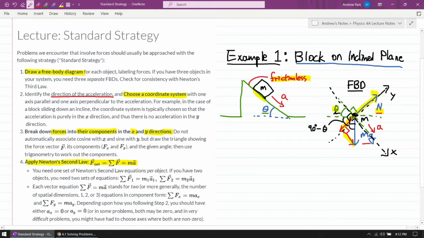So this angle here must be 90 degrees minus (90 degrees minus theta). So the 90 degrees cancel out, and I end up with theta. So this angle must be theta. Let me clean up this diagram a little bit and label that angle as theta. Okay, so this angle is theta.